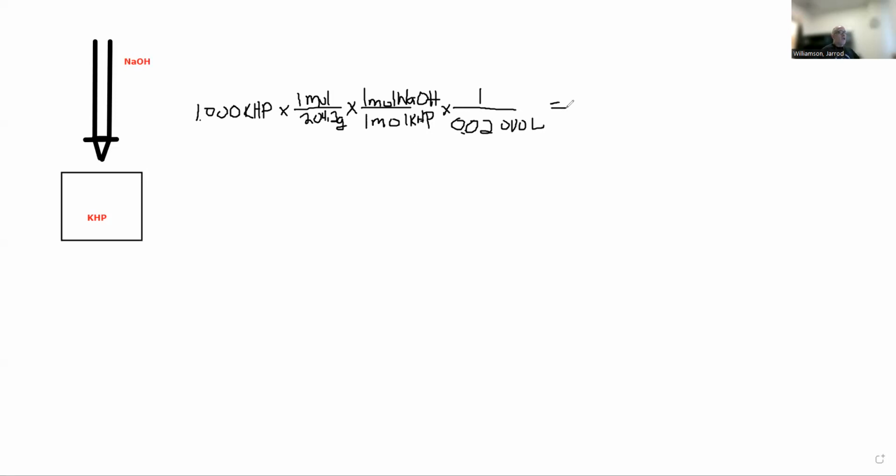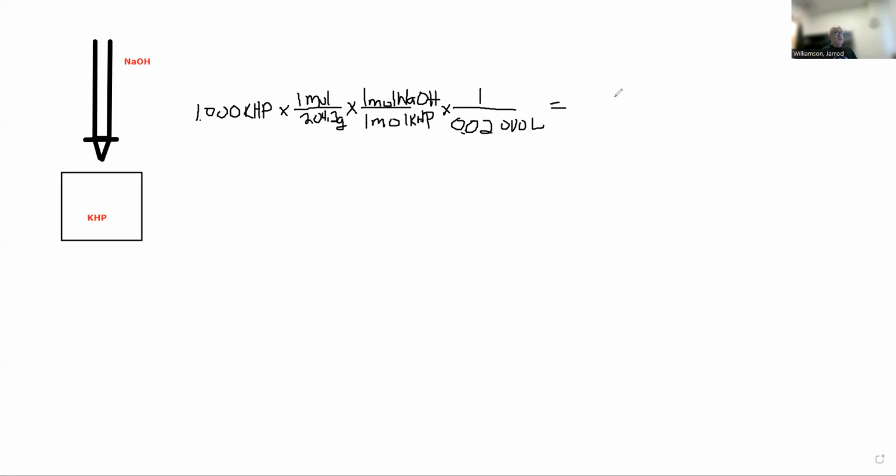That would give me a sodium hydroxide concentration. I'm going to get my calculator out. 1 divided by 204.2 times 1 divided by 1 divided by 20 mL.